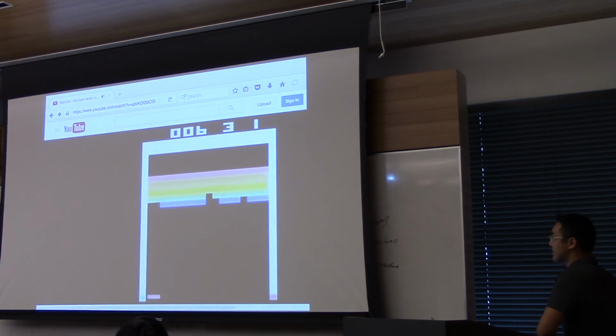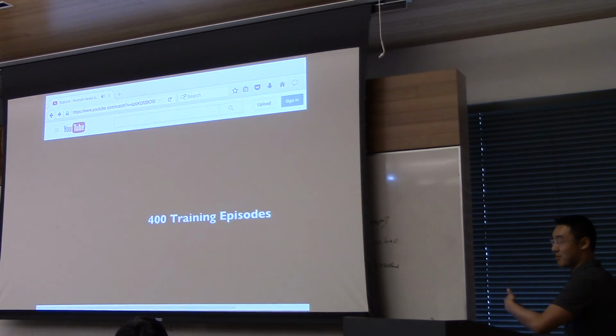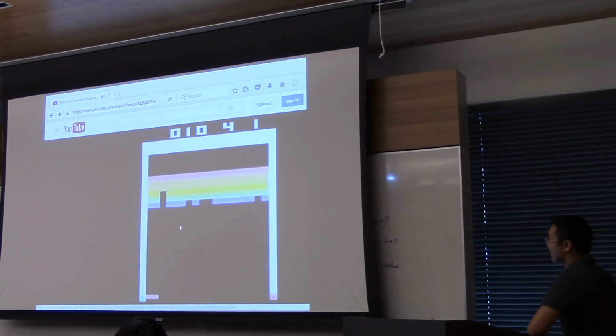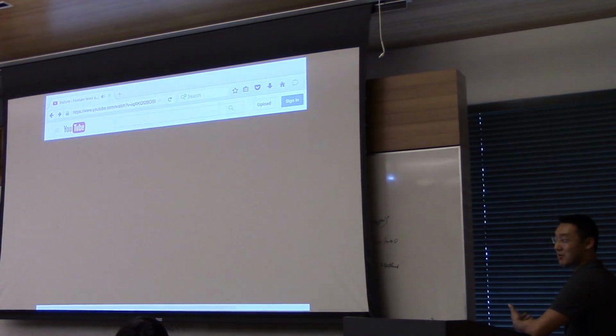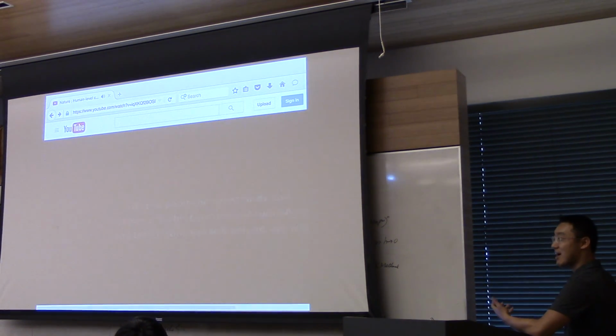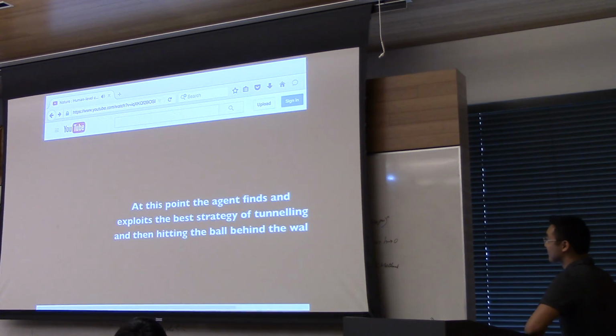It's a two-class classification problem. But the states are all possible configurations of the game. The reward is highly dependent on where the ball is and where the paddle is, because if you're not aligned with the ball, the reward is very low because you lose the game. And if you're aligned with the ball, the reward is high because you stay alive.